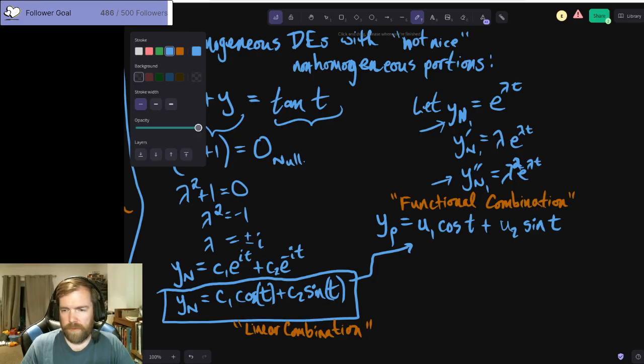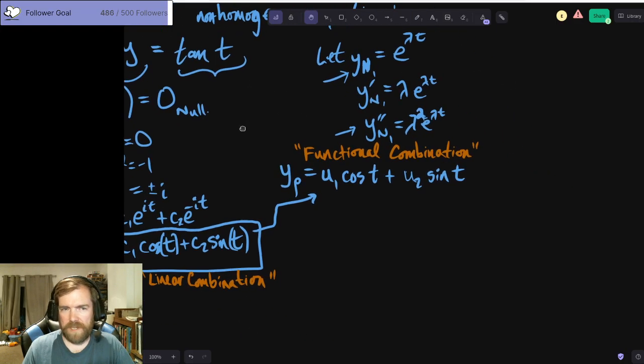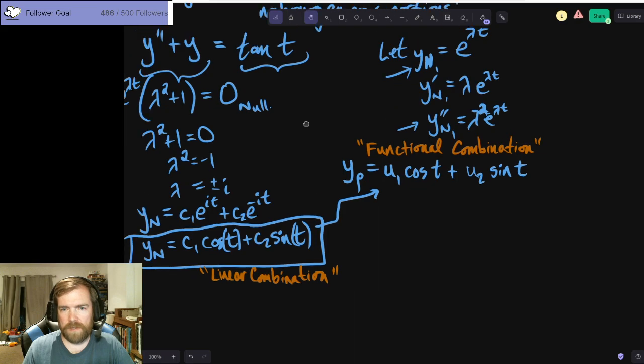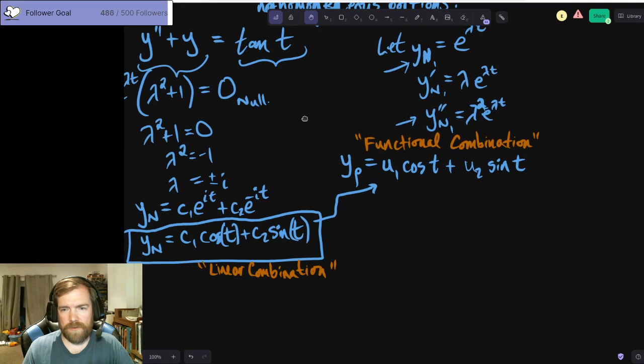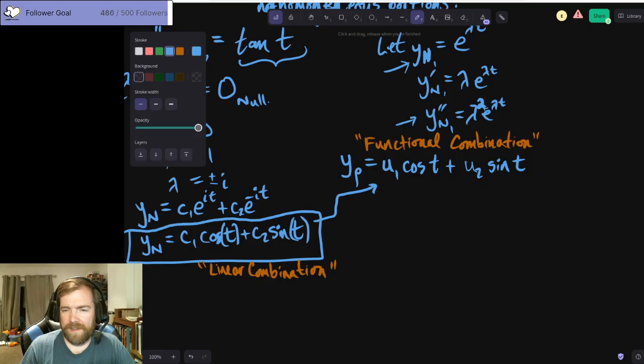All right, so if we bring all this together, and we say we're going to use that in the original differential equation, this means that we need y particular prime and y particular double prime. What are we going to get?